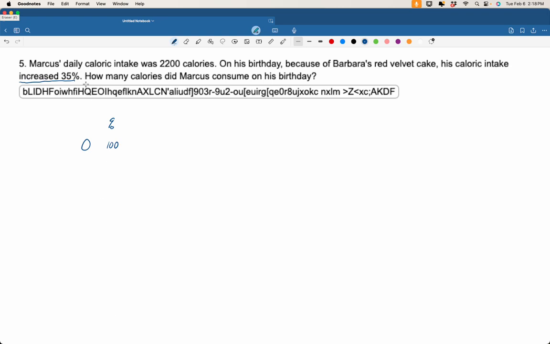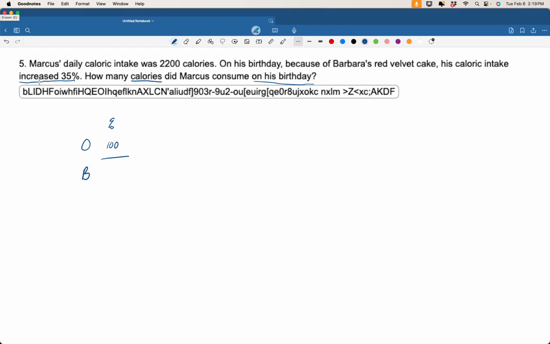So in this instance, it's asking us how many calories did he consume on his birthday. It's not asking us how many more calories he consumed, but how many calories total, all of the calories. So that's the original amount of calories, and this is the new amount of calories, or we could call those birthday calories, right?